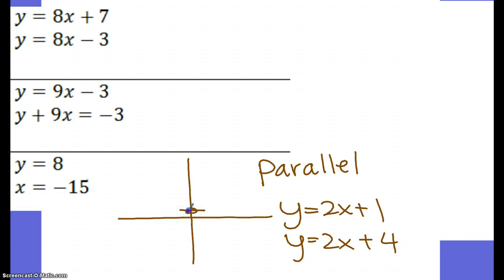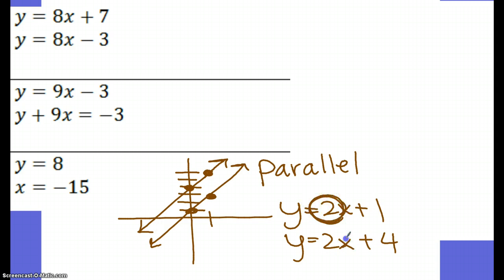Then I start at 1, I go up 2 over 1, and that would be the first line. I do the same thing, and then this one I start at 4, 1, 2, 3, 4, go up 2 over 1, and there's that line. So parallel lines have the same slope.